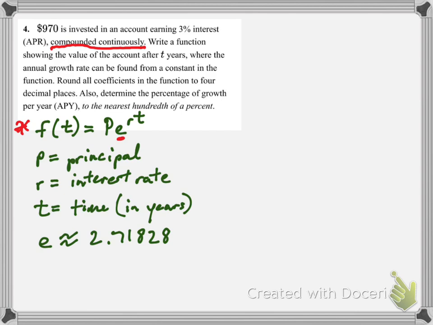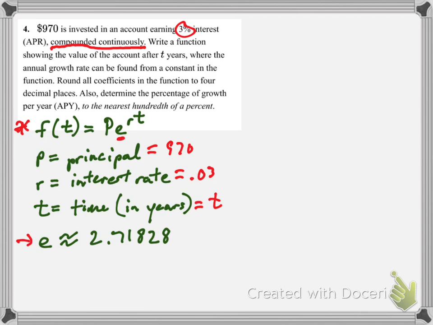E is a number. E is approximately 2.71828, blah, blah, blah. I'm not going to get into how they found it. You just need to know that E is a number, okay? So our principal is 970. Our interest rate, 3%, so that would be 0.03. And then t.